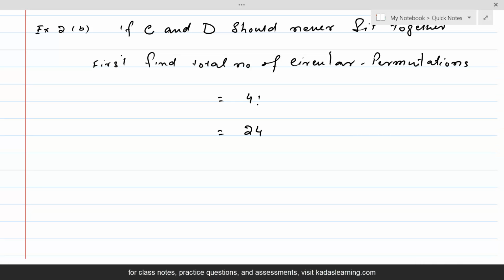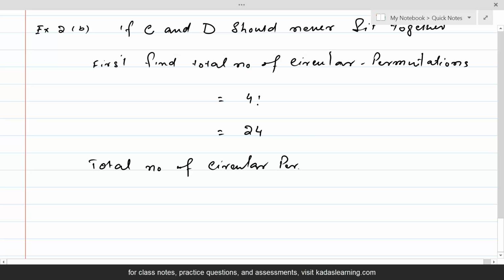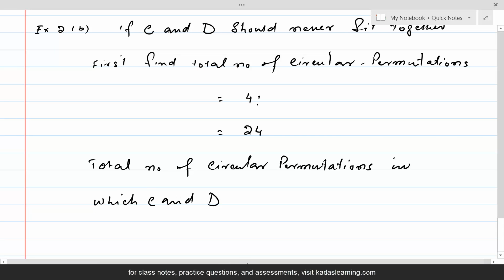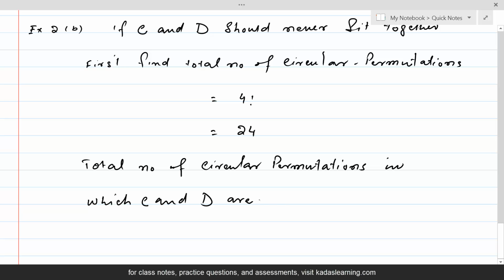And as we did in part 1, the total number of circular permutations in which C and D are together, just like A and B in part 1, those were 12.